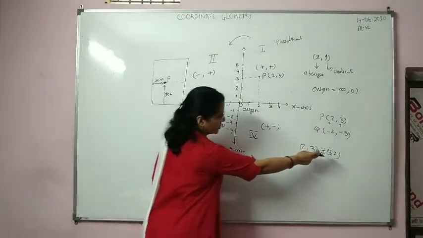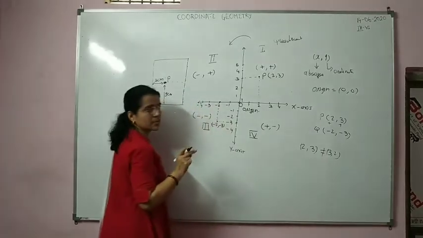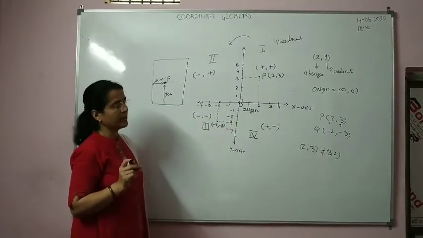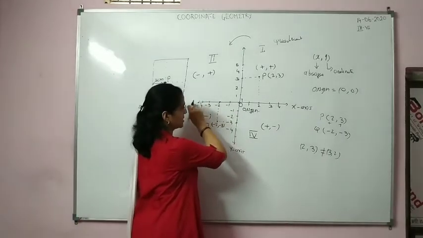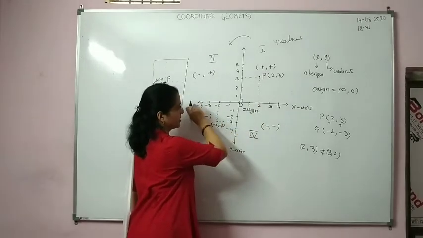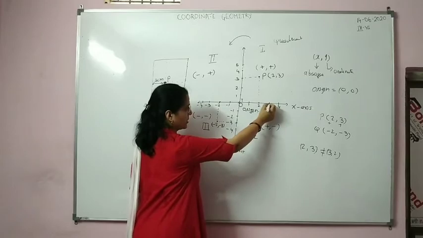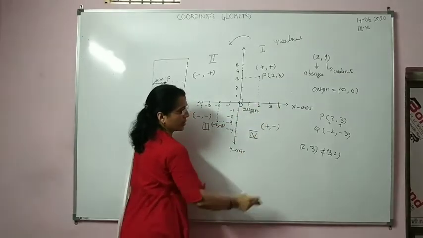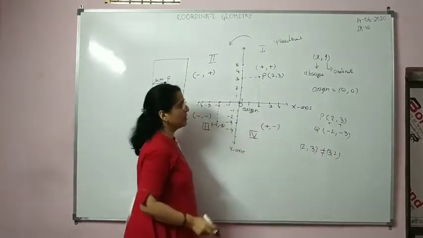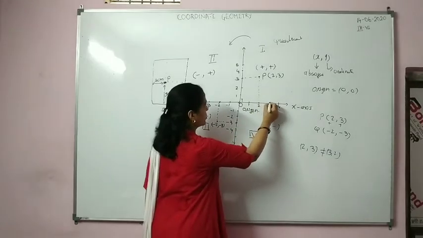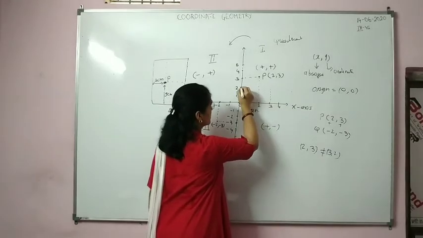Now let us see where the point (3, 2) is located. To locate the point (3, 2), first we will see the point 3 along the x-axis. From this point 3, you have to go up or down according to the next point. The next point is 2, which is positive, so we will go 2 steps above this point.